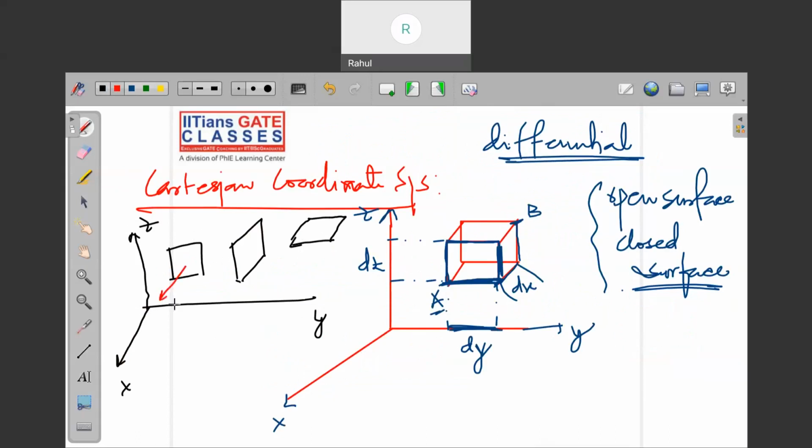This will correspond to ax cap, and here z is varying and y is varying, x is constant. So you can say that it will be the outward normal here. And in this case x is varying and y is varying, so the direction is going to be az cap, right? So always the outward normal, or normal only.